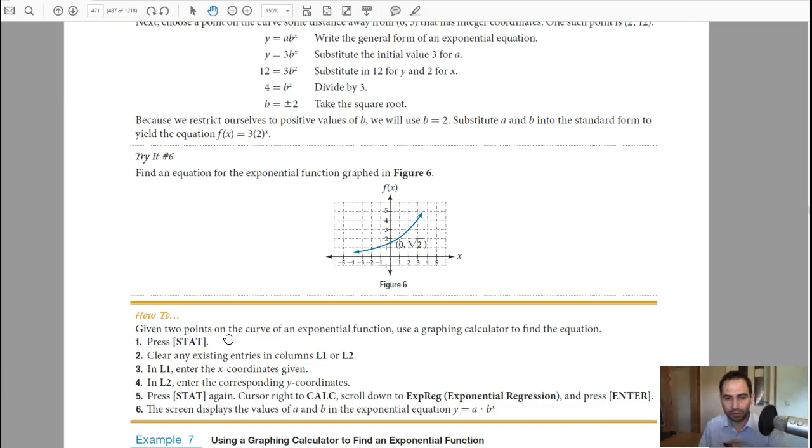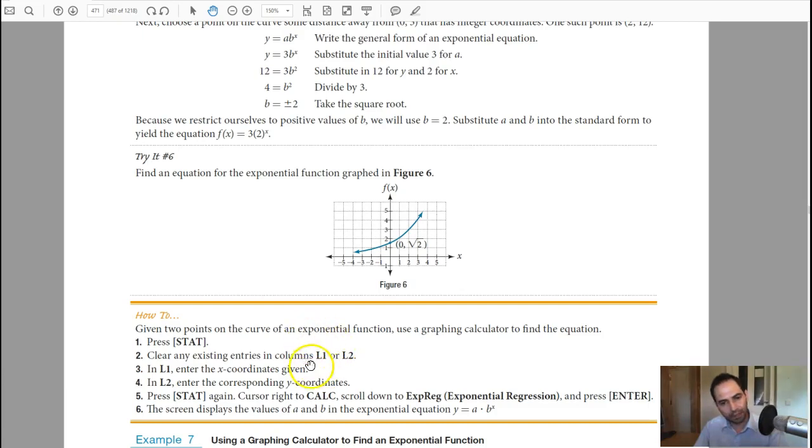Different calculators have different ways of entering and showing the data.